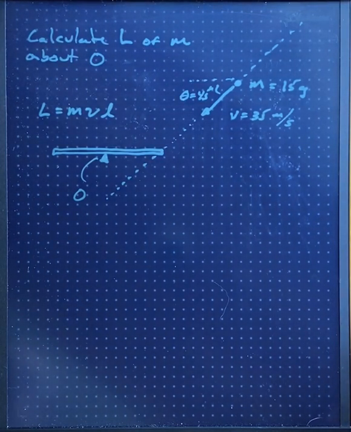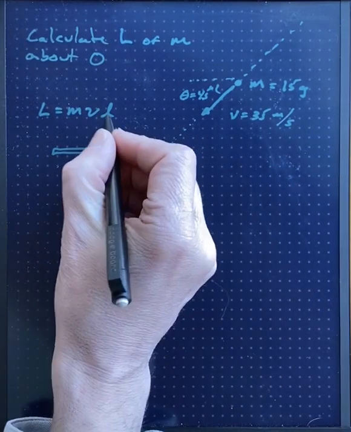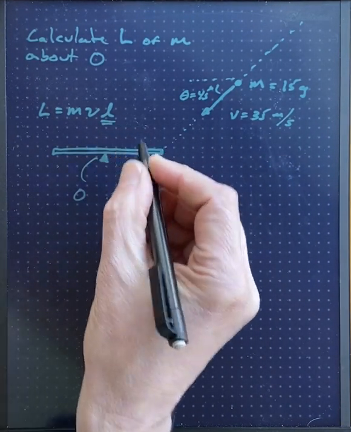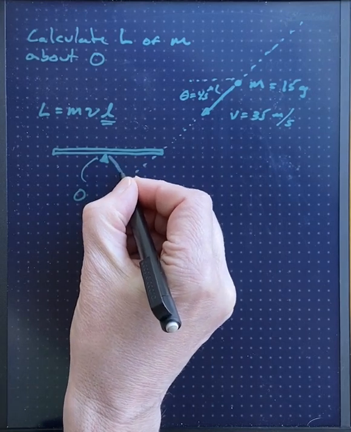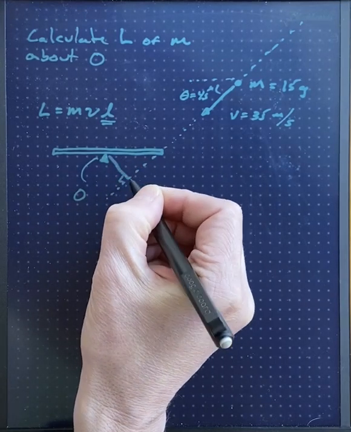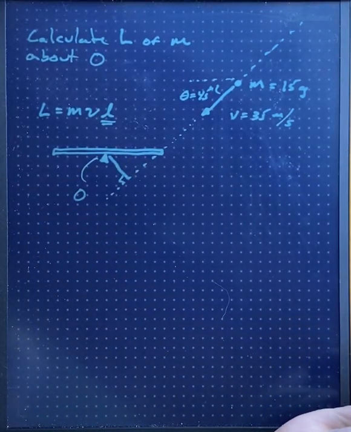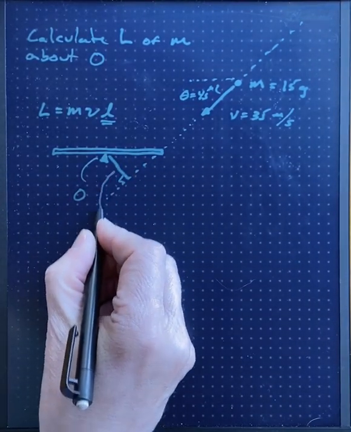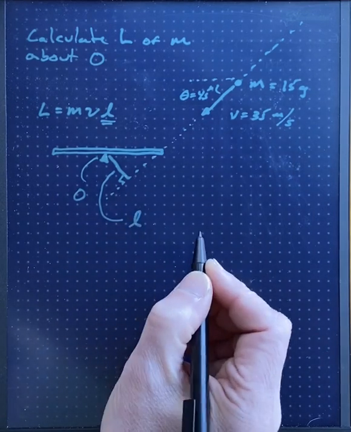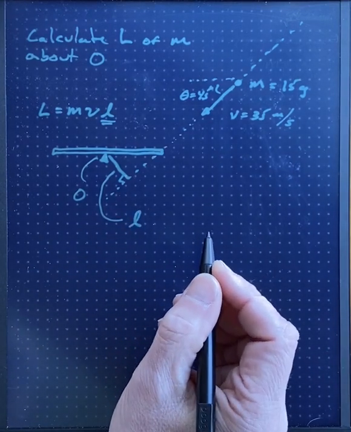It's a little bit like the line of action for torques. And this moment arm L is the closest distance that that line gets to the origin where you want to calculate the angular momentum. So we need that thing for our lever arm or moment arm.